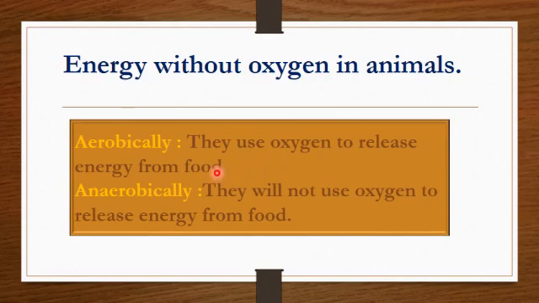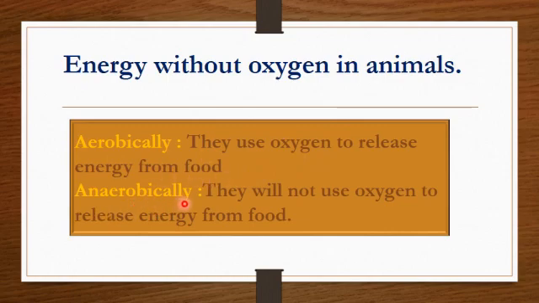In your body, the glucose from your food is broken down by oxygen into carbon dioxide, water, and a lot of energy. So aerobically you will be using oxygen. All animals use oxygen to get energy from the food.